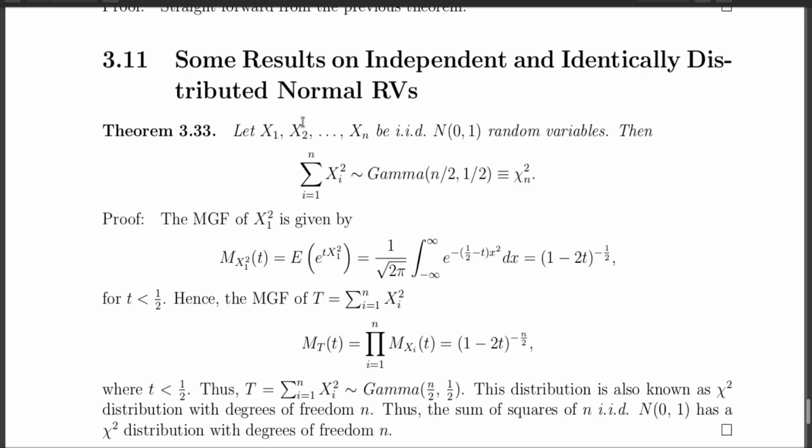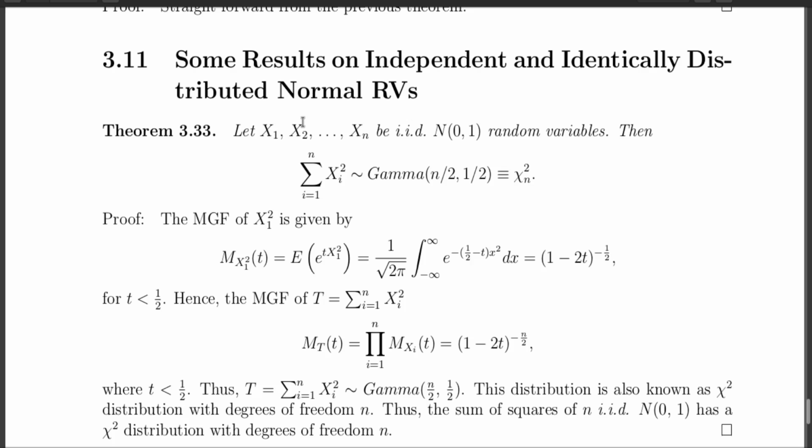Okay, so the first result says that if x1, x2, ..., xn are IID normal 0, 1 random variables, then the first theorem talks about what is the distribution of summation xi square. If I have IID standard normal random variables, the first theorem talks about the distribution of the summation of the squares of the random variables.